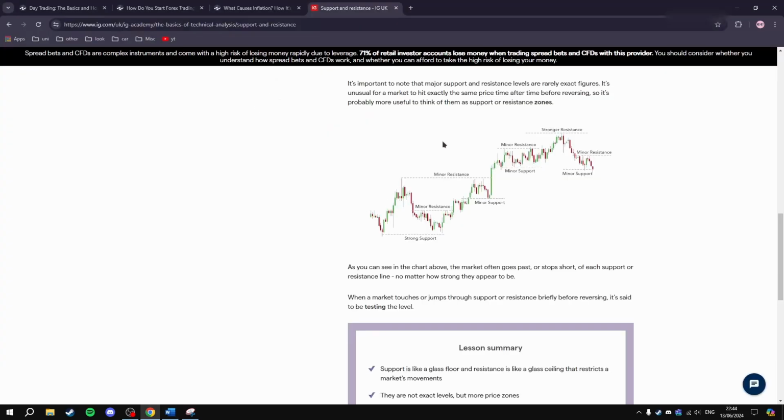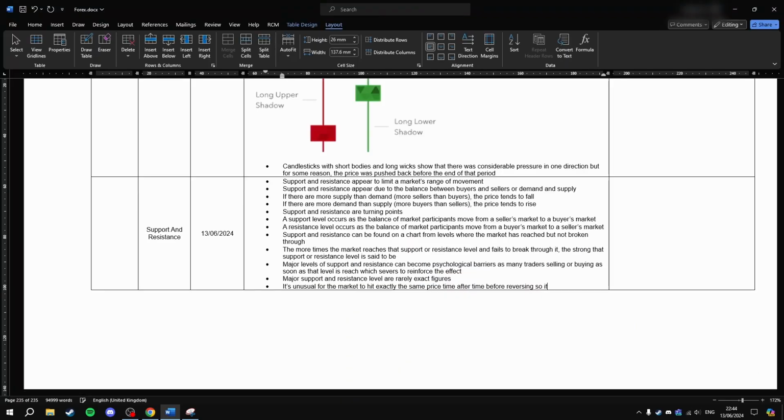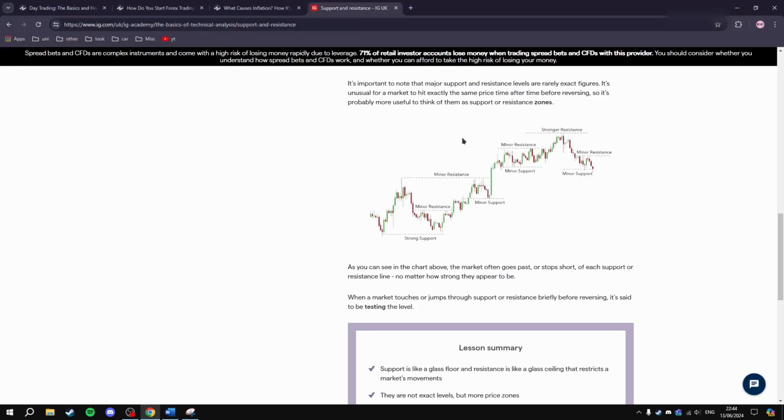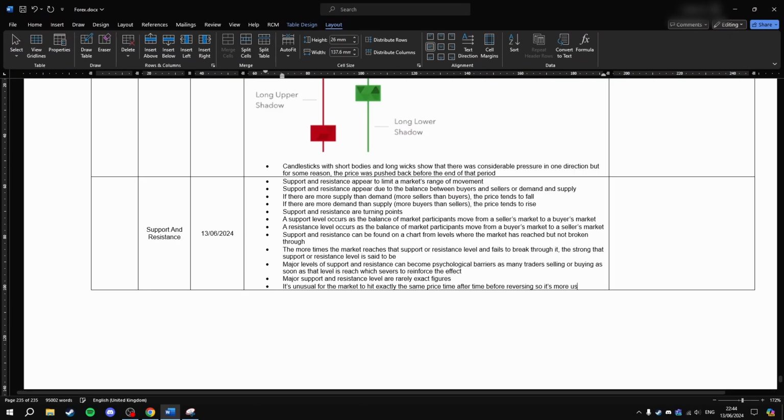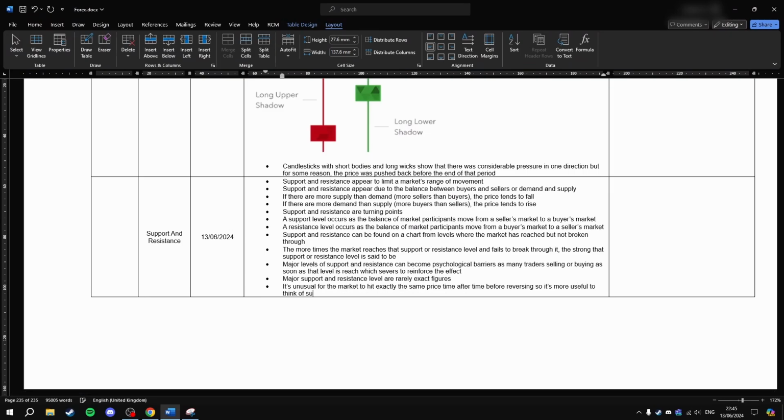So it's probably more useful to think of them as support or resistance zones.